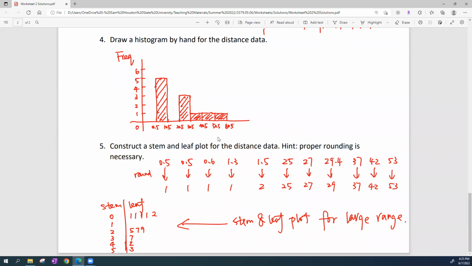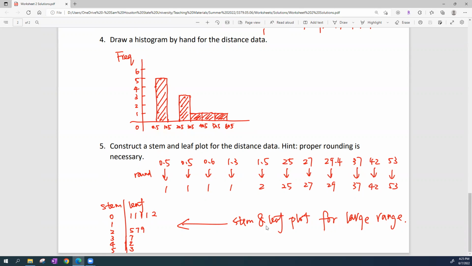So then we have to do some proper rounding here. 0.5 we just round to 1, 0.5 to 1, 0.6 to 1, 1.3 the regular way we round to an integer, so 1.3 should be 1, 1.5 then it's 2, then 25, 27, 29, 37, 42, 53.